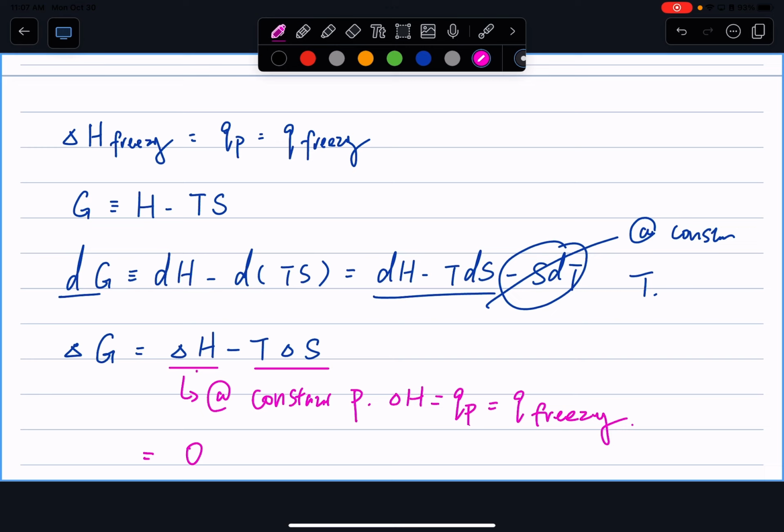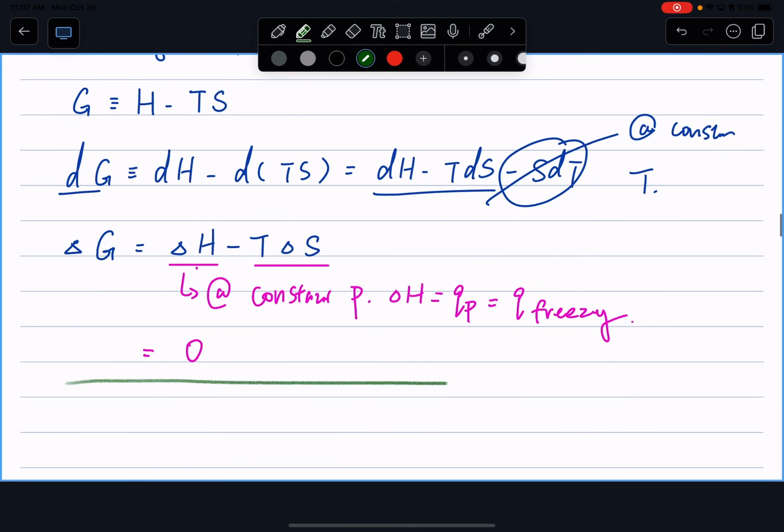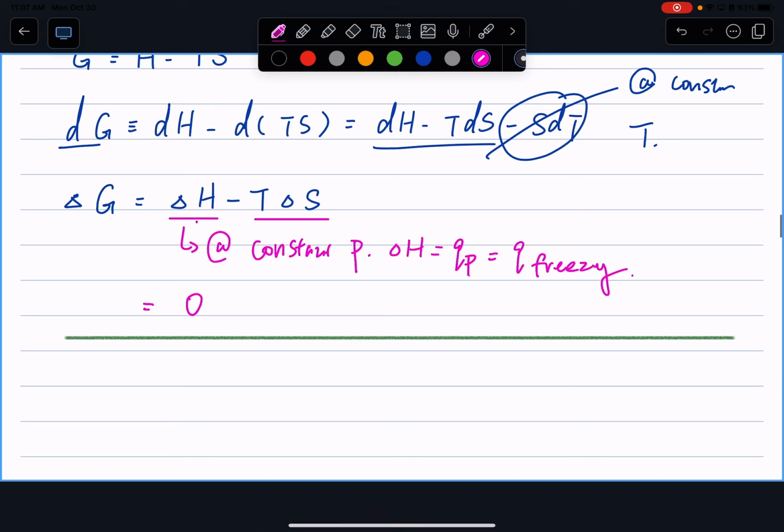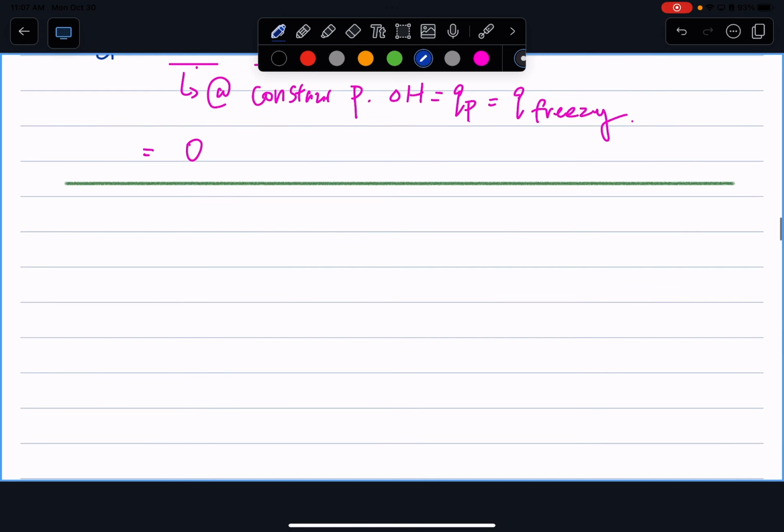All right. Next up, let's look at delta A, which is the Helmholtz free energy. Likewise, doing the same kind of logic, delta A equals delta U minus T delta S at constant temperature and pressure. And here, we solved this before, right?